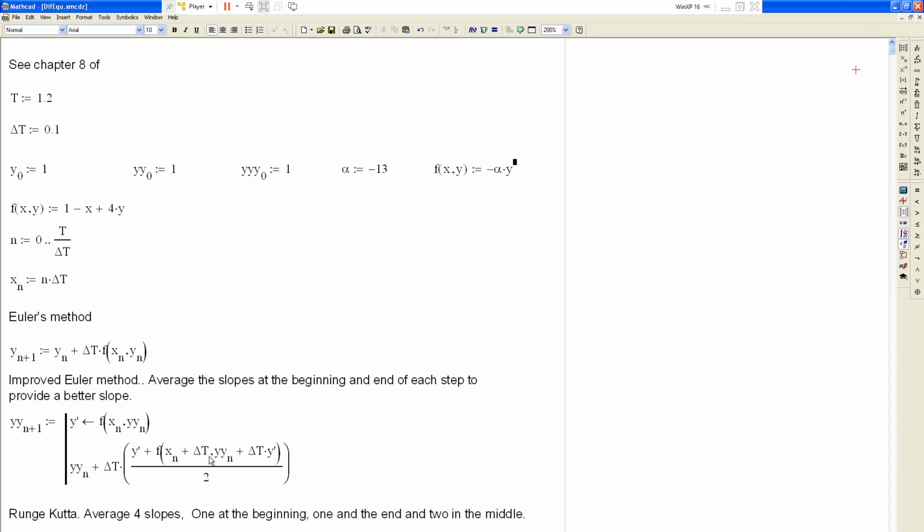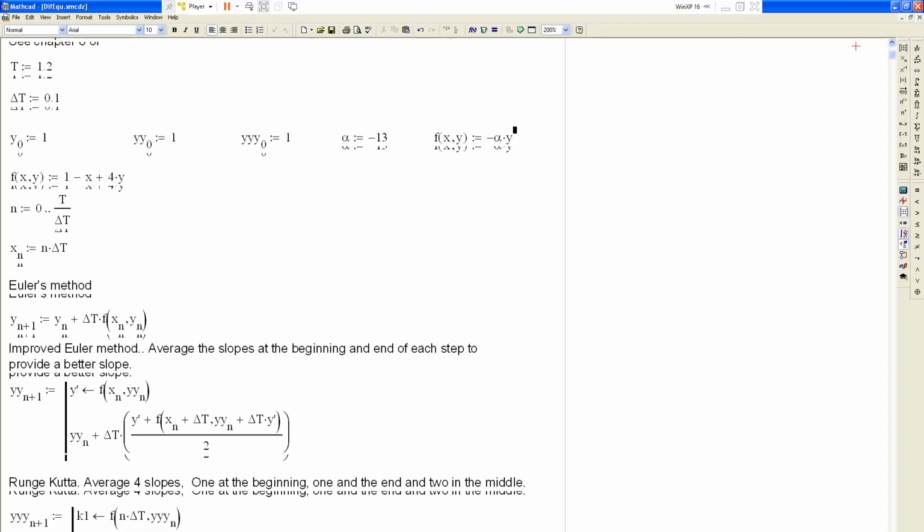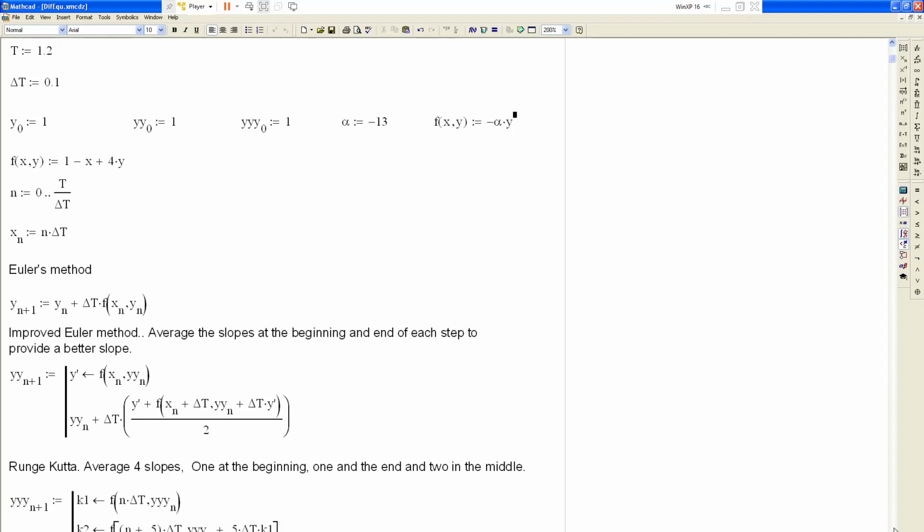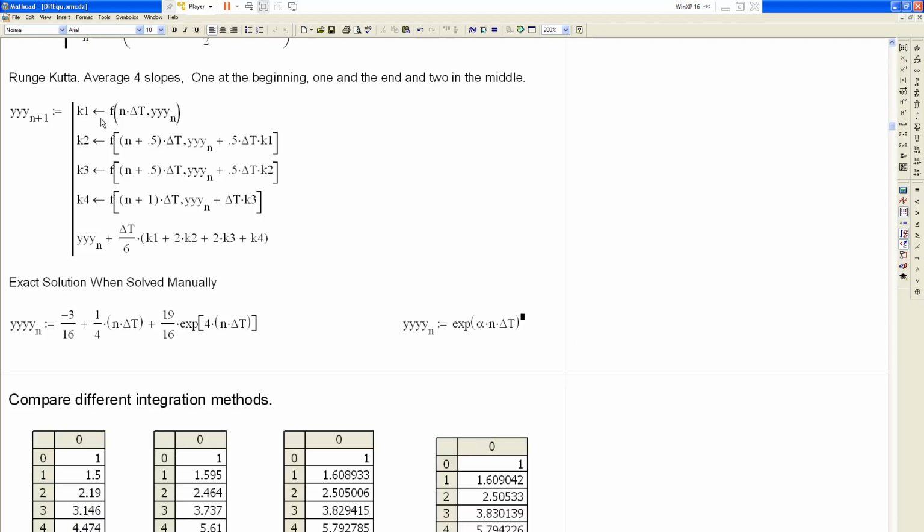But another way of looking at it is you should be able to get a better accuracy with the improved Euler's method using a delta t of 0.1, and that should be able to compare with Euler's method using 0.05.